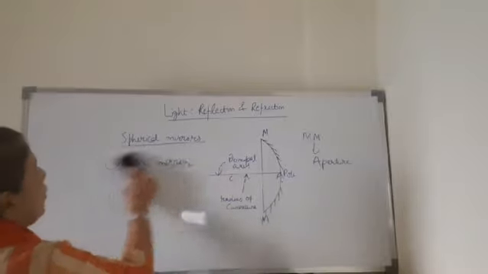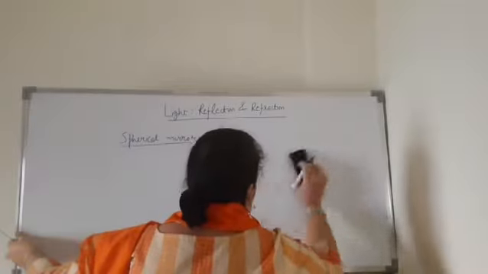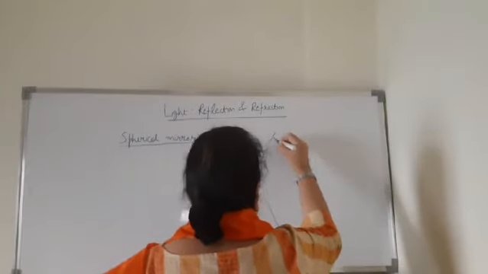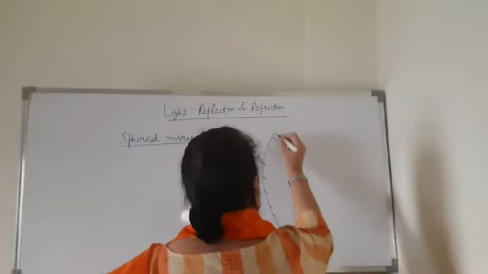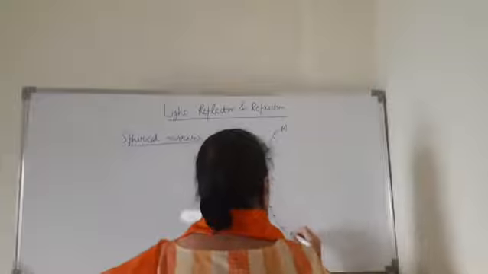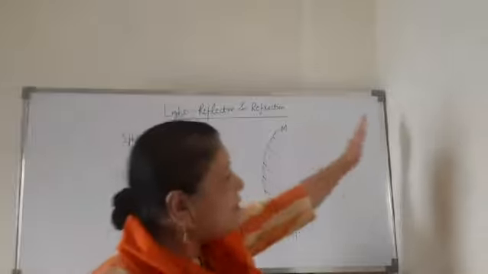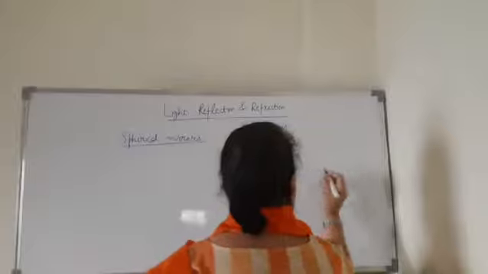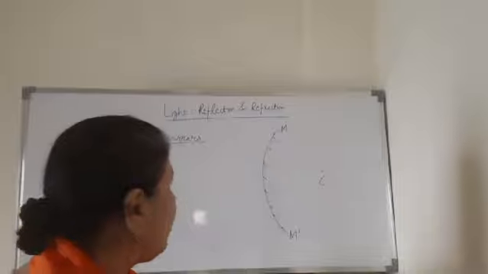Now let's talk about the convex mirror. How can we depict all the terms for the convex mirror? Let's assume we have a convex mirror here, which is MM dash. This mirror is part of a sphere, so the center of that sphere lies behind the mirror. This will be C, the center of curvature.